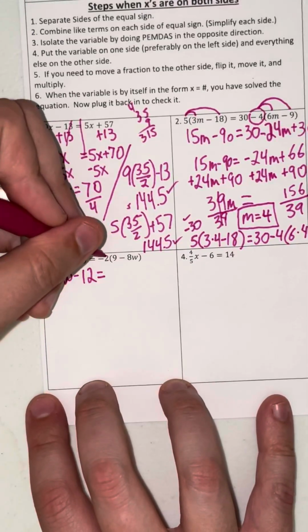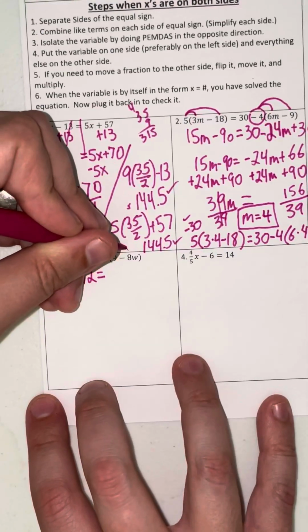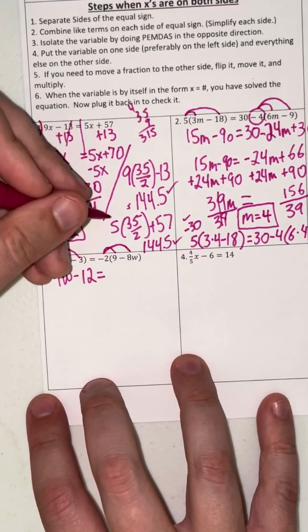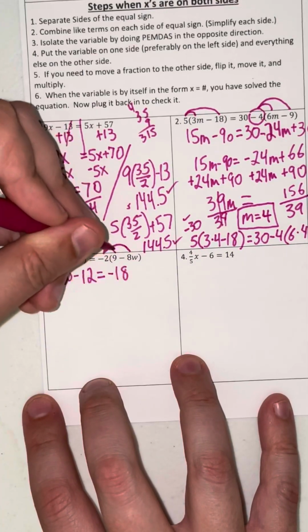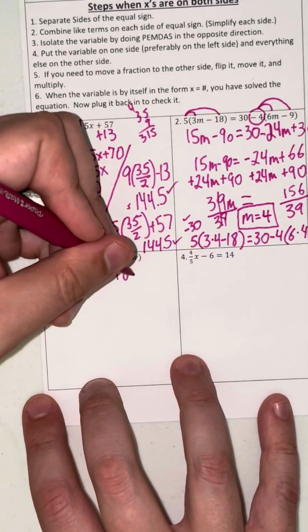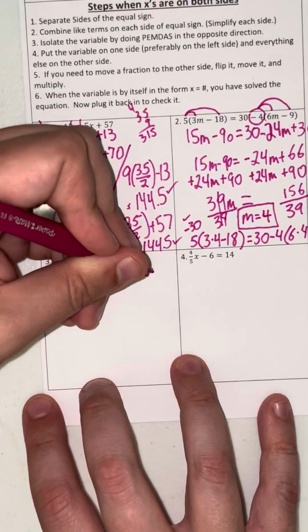And then I've got to do negative 2 times 9 and times negative 8W, which ends up giving me negative 18, and a negative and a negative would give me a positive 16W.